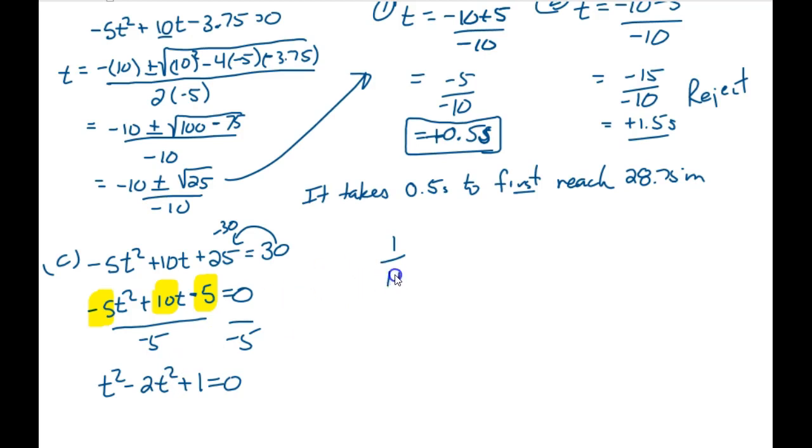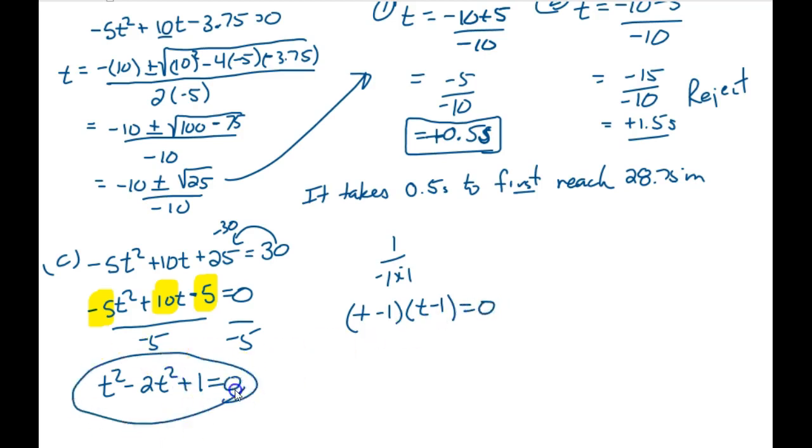Well, 1 is 1 times 1. If both were negative, they would multiply to give me the positive 1. They would add to give me negative 2. So you have this: t minus 1 times t minus 1 equals 0.